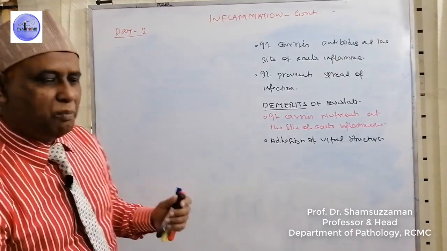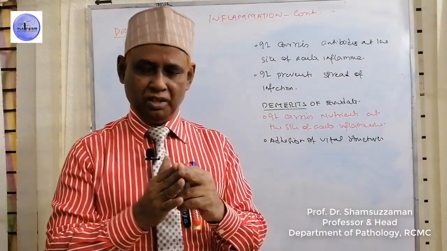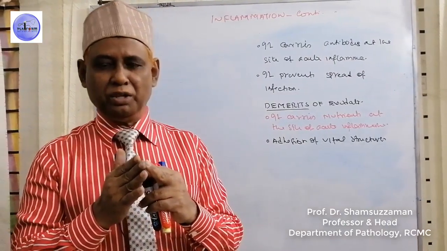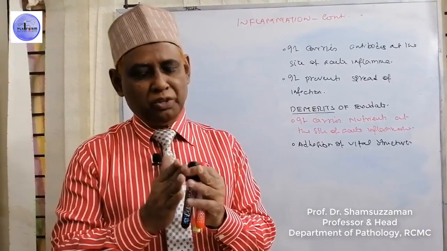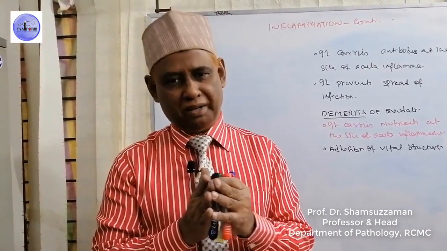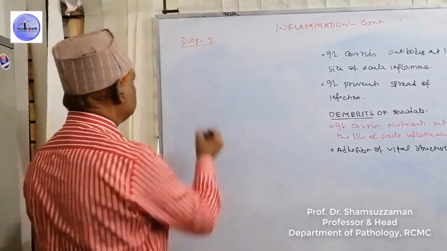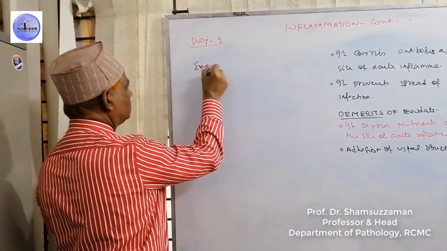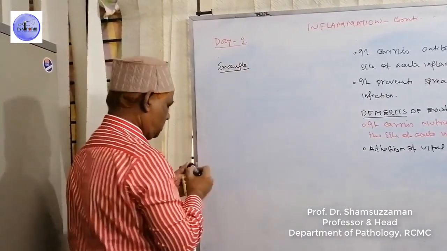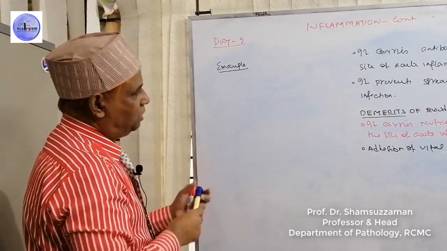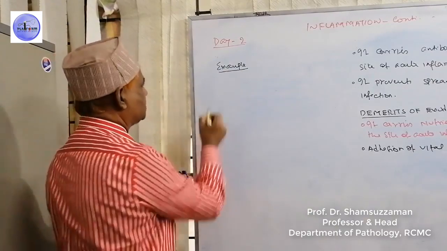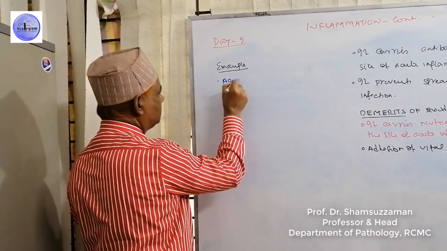If exudate is formed in between two vital structures, due to clotting of exudate with the help of fibrinogen, the two vital structures may become adherent. Example of adhesion between vital structures: acute pericarditis.